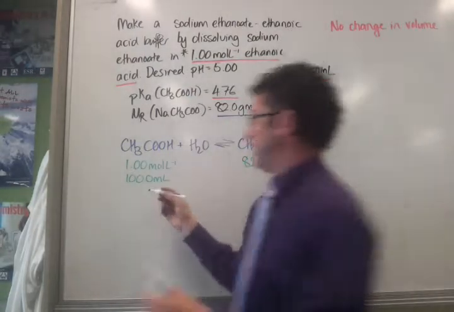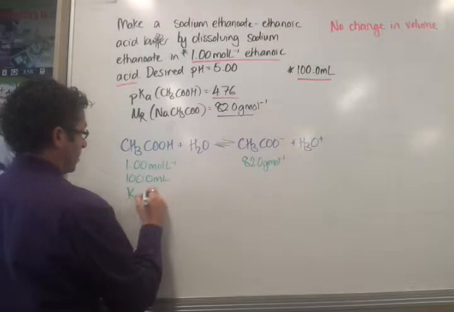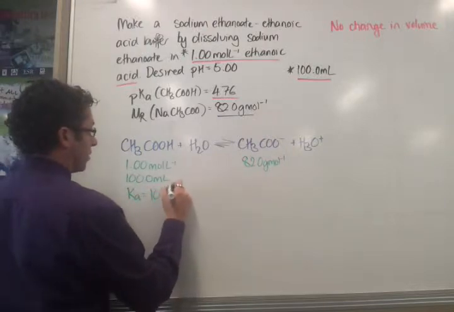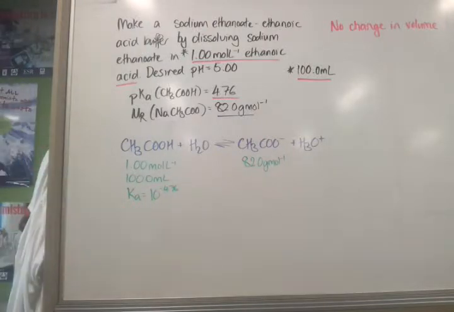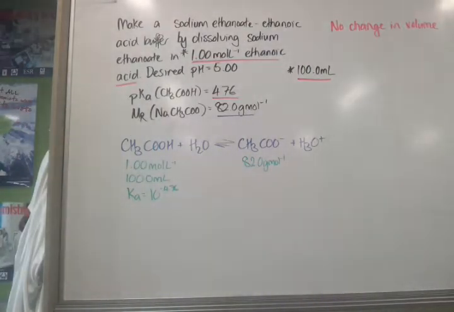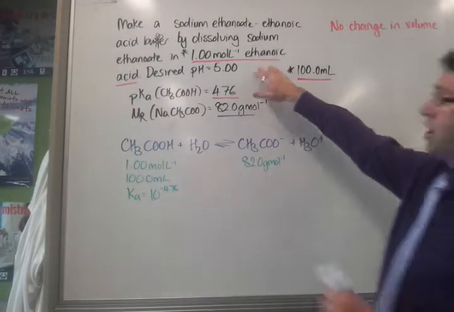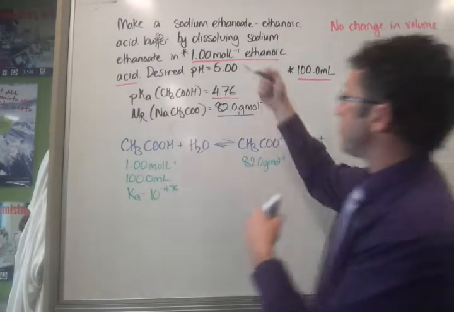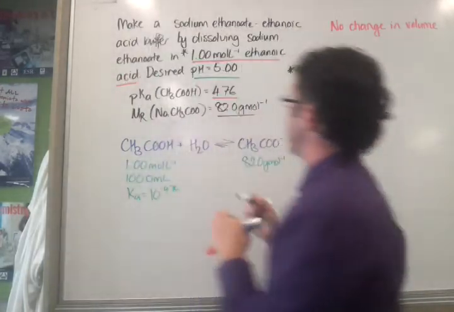Sorry, the other thing I've forgotten over here is that I've got a Ka for it, because that can be really useful. And I actually know a fair bit about my hydroniums in this case. I'm asked to make something with a desired pH of 5.0.